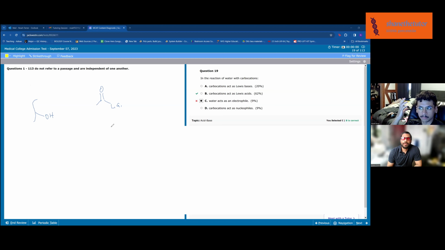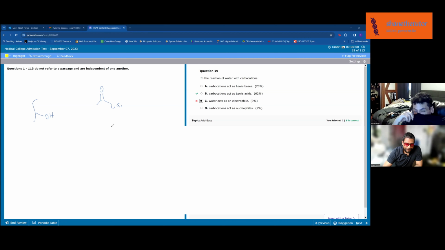What's in a nucleus? Protons and neutrons. So nuclei are positive, so nucleophiles will attack or form bonds with things that are positive or at least partial positive, right?